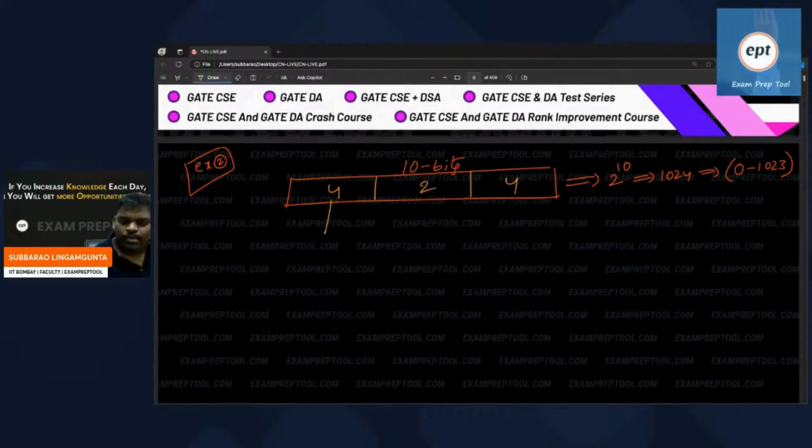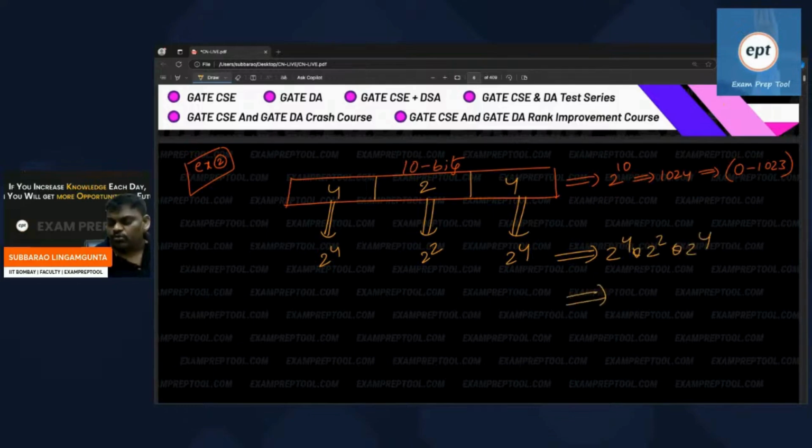So this can be done 2 power 4 ways, this 2 square ways, this 2 power 4 ways. Total is 2 power 4 into 2 square into 2 power 4, which is 2 power 4 plus 2 plus 4, which is 2 power 10. Is it okay?